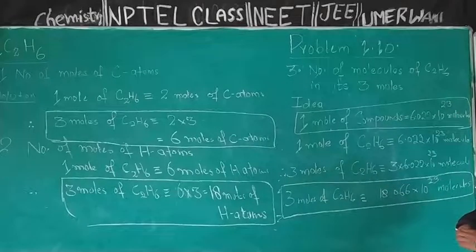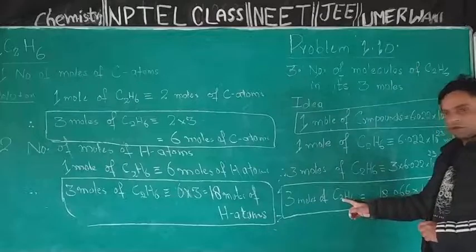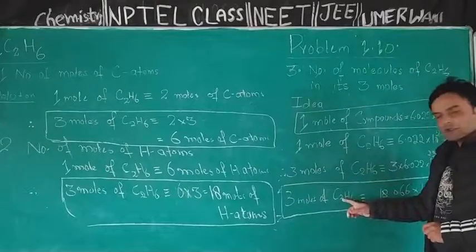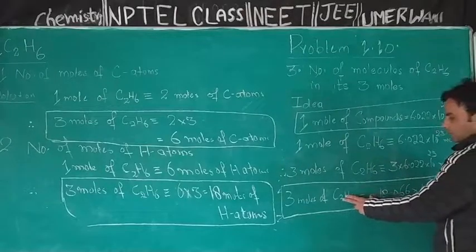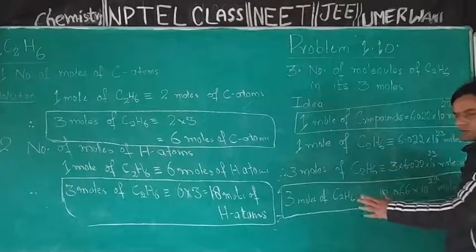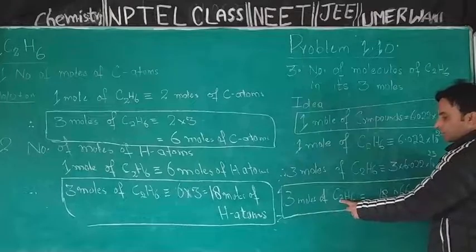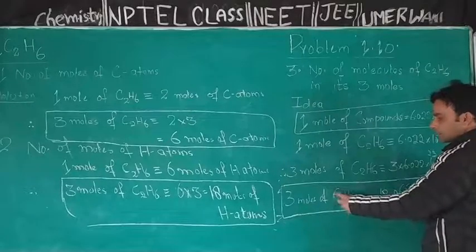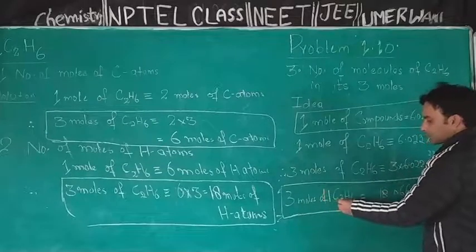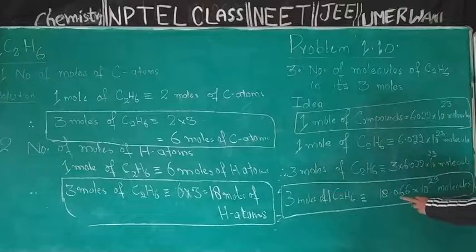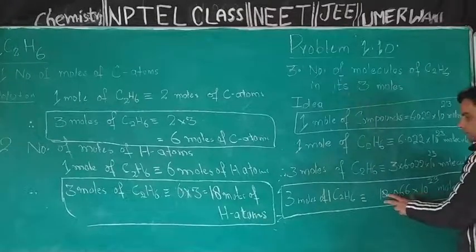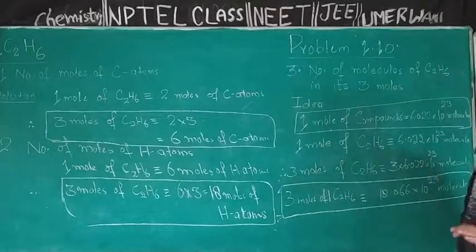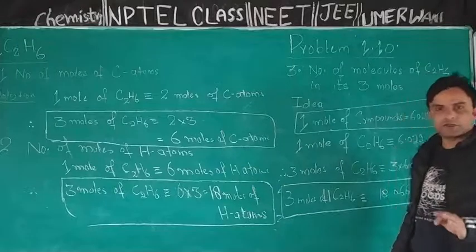Now if you are asked to calculate number of atoms of carbon in 3 moles of ethane, you have to use this formula: number of carbon atoms in its one molecule is 2, therefore number of carbon atoms in 18.066 into 10 raised power 23 molecules will be equal to that number multiplied by 2.